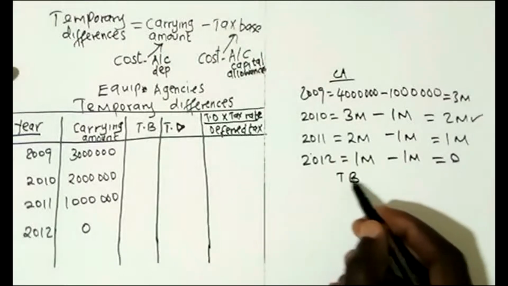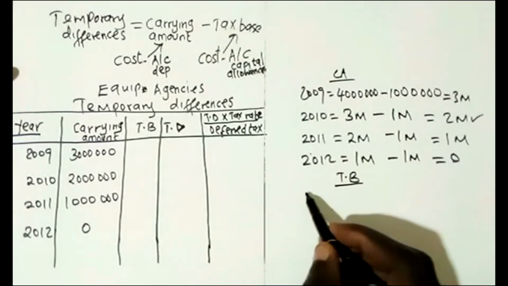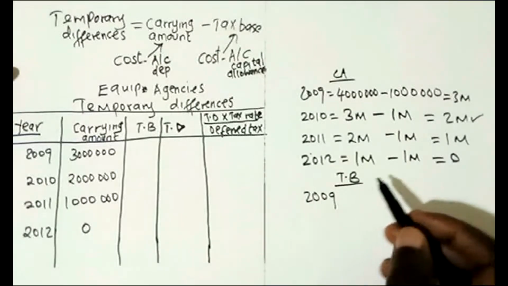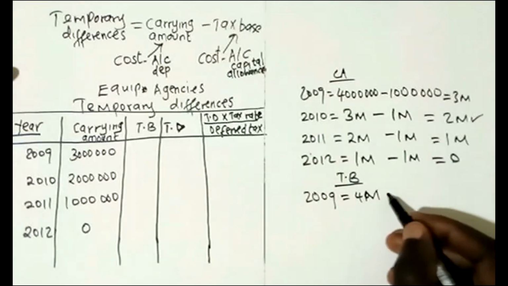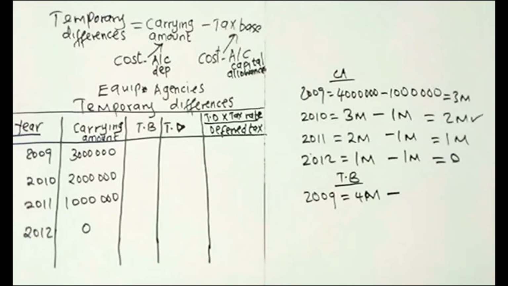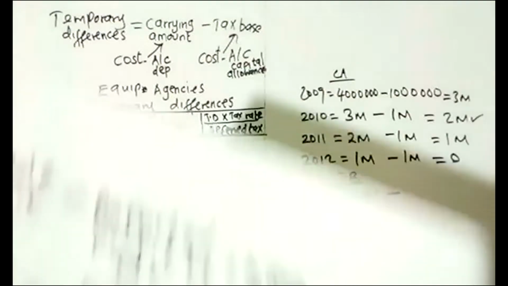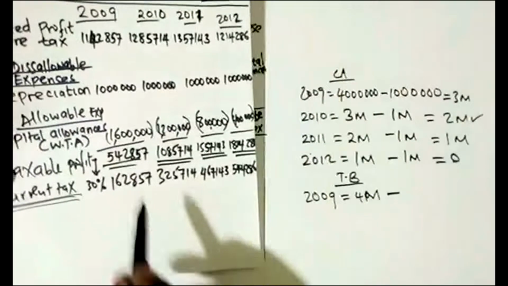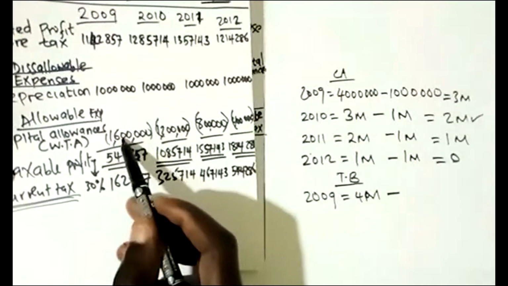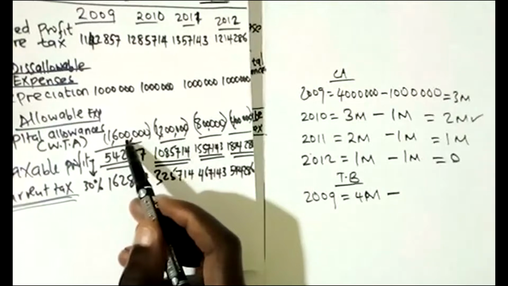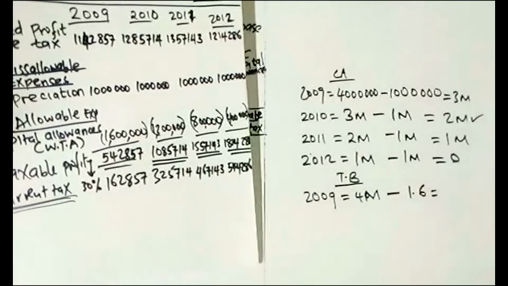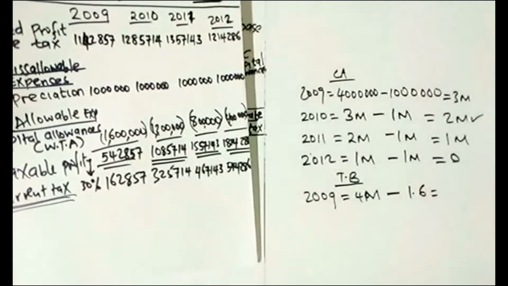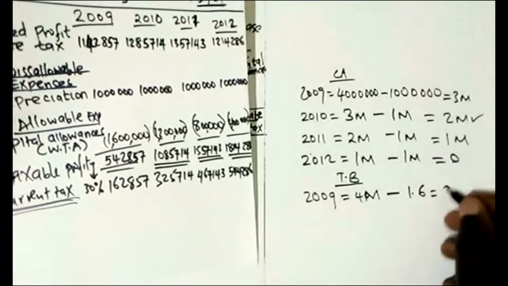Tax base, 2009, 4 million. The first year, the capital allowance was 1.6. So 4 million minus 1.6 is 2.4.